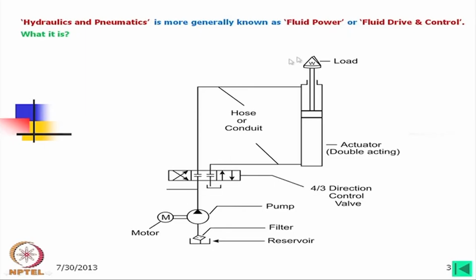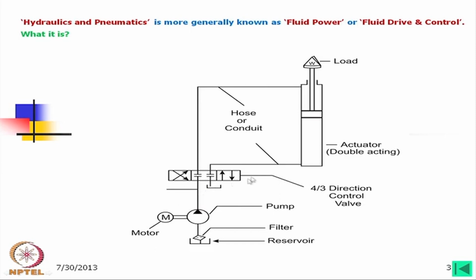So, these are the basic things and this would work, but there is another important question: if this load gets stuck, then this pump which is pumping the oil will be pressurized and there might be an accident because this hose can burst due to the pressure.